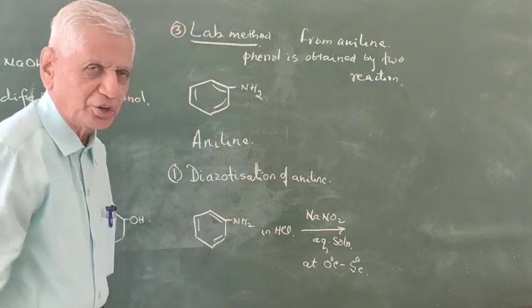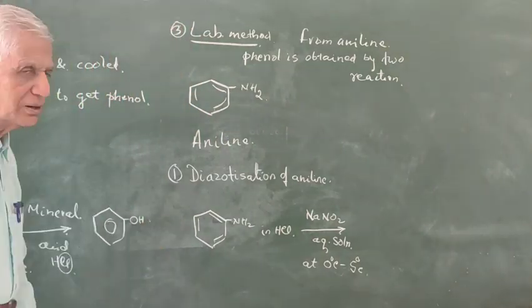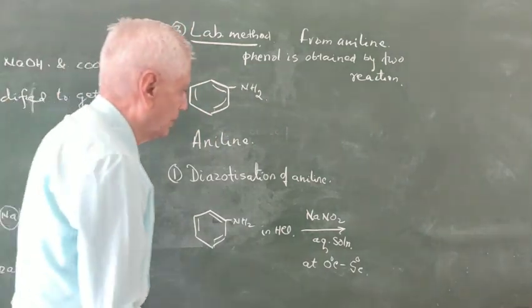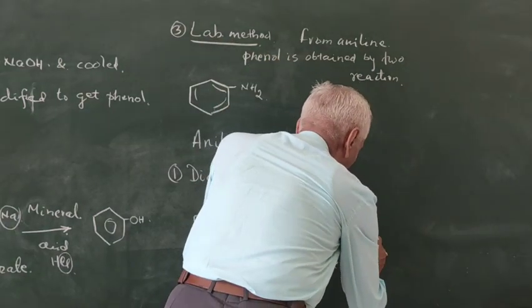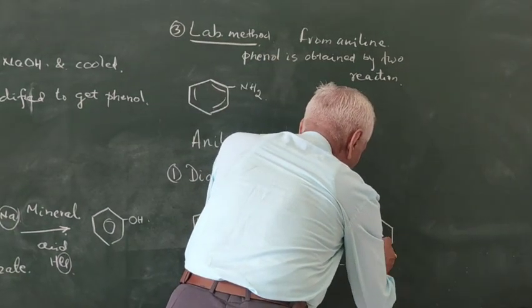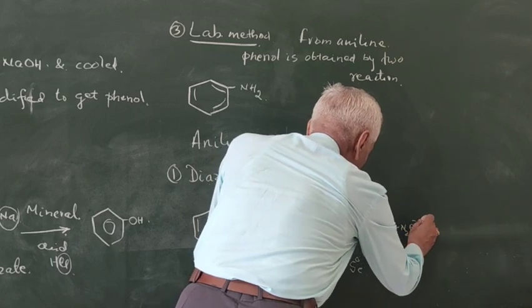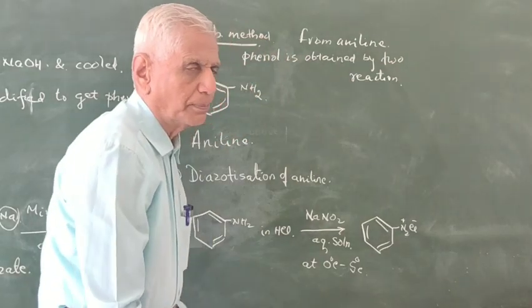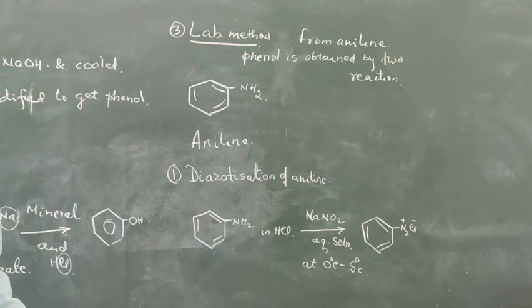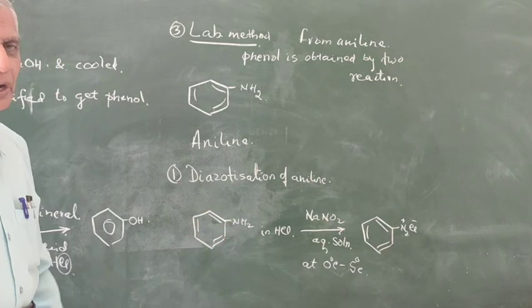Only under this condition, aniline will react to give you the compound where NH2 is replaced by N2Cl, therefore benzene diazonium chloride salt. This is a benzene diazonium chloride.